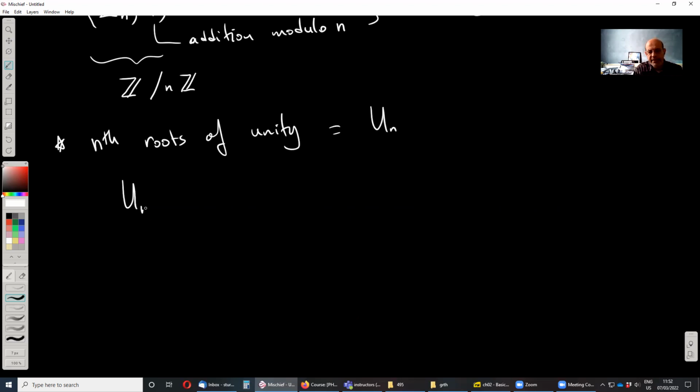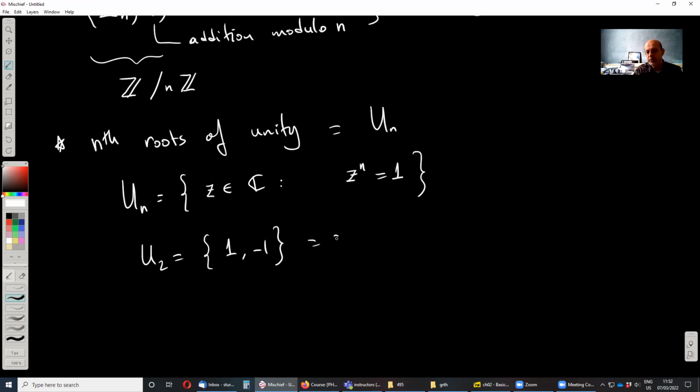So Un is basically the numbers in the complex plane. So these are complex numbers that have the property that their nth power is equal to 1. Okay. So as an example, let's say U2 is basically the numbers 1 and minus 1.